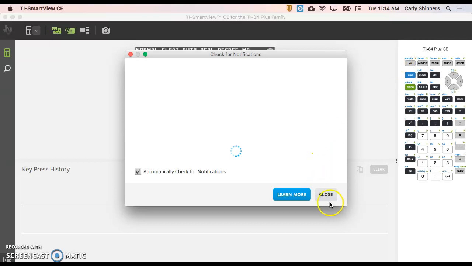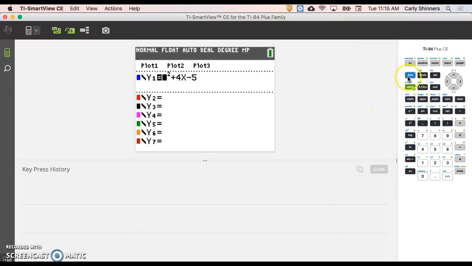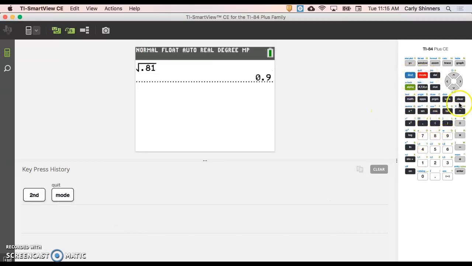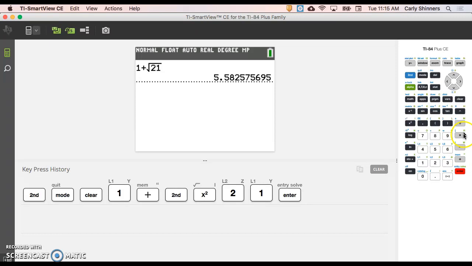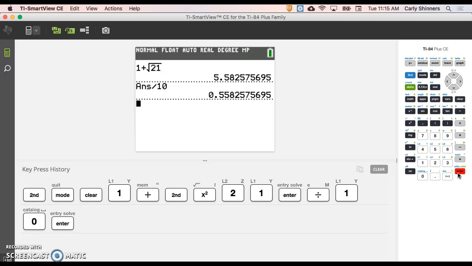All right, so I want to go 1 plus root 21, and that's my numerator. I would just go right ahead and press enter there and then divide by 10, because if you do it all in one step, you might mess up the order of operations.